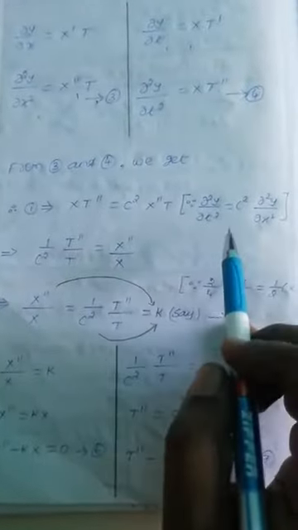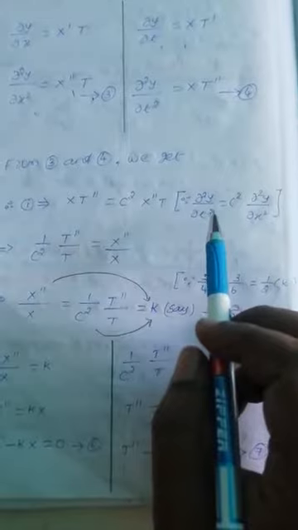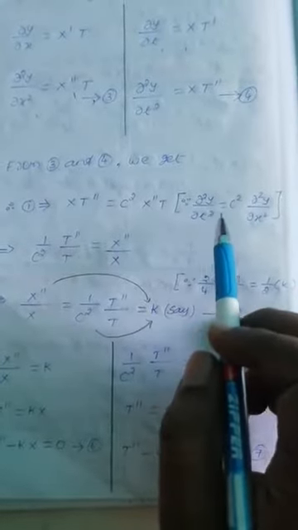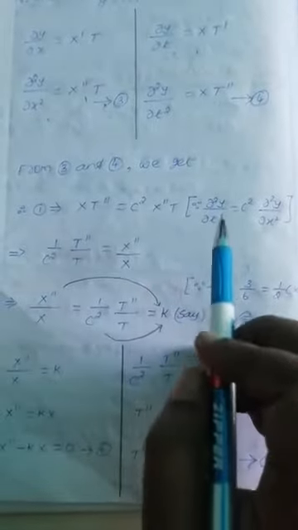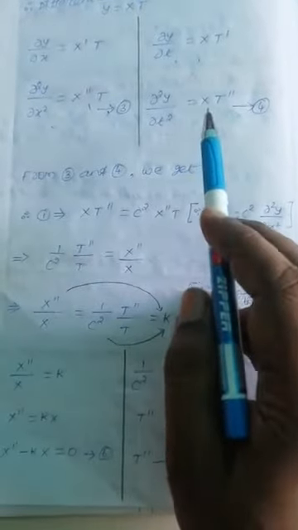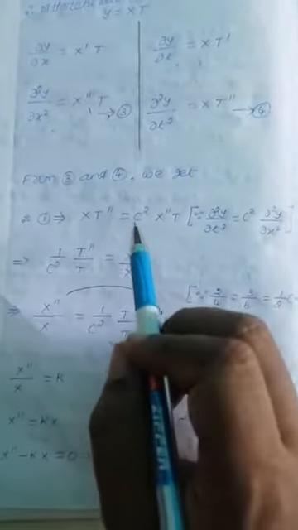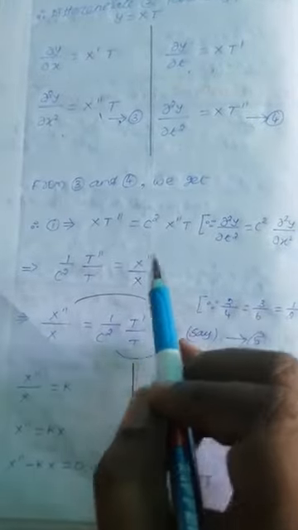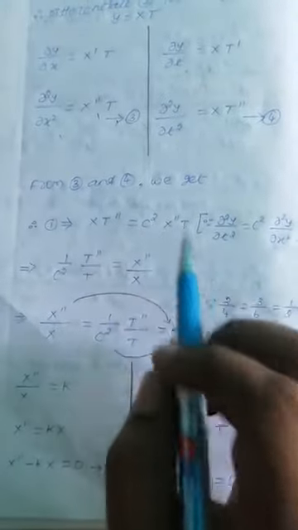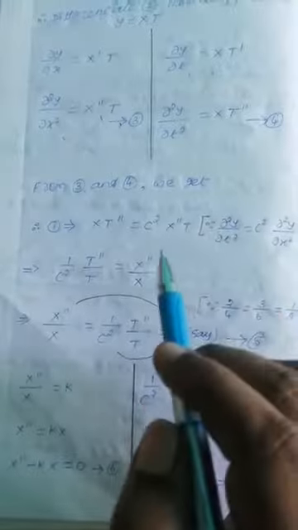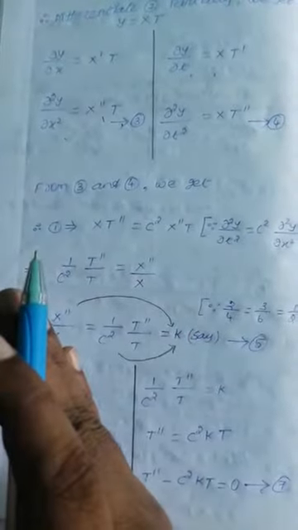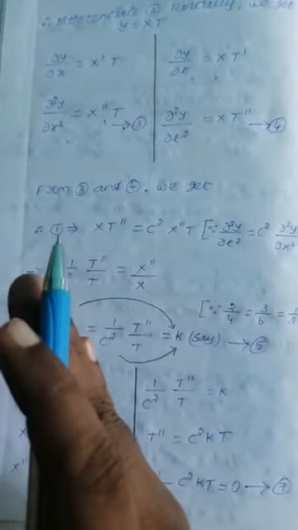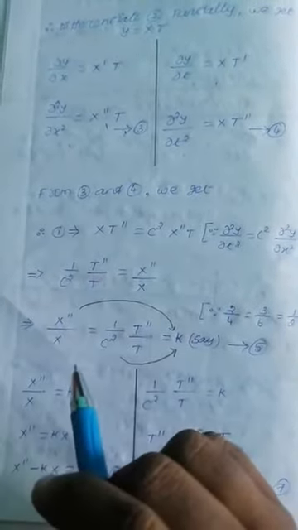Now from 3 and 4, I have written the one-dimensional wave equation here: ∂²y/∂t² equal to c² ∂²y/∂x². In place of ∂²y/∂t², X into T'' equal to c² X'' T. Now the method is variable separable, which means the T's come alone on one side and the X's come alone on the other side.